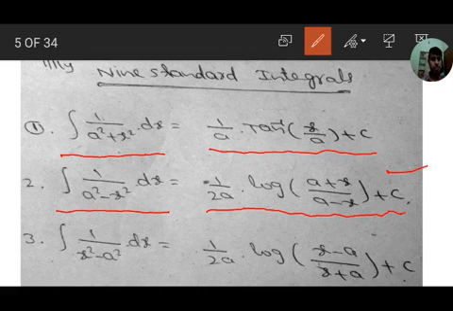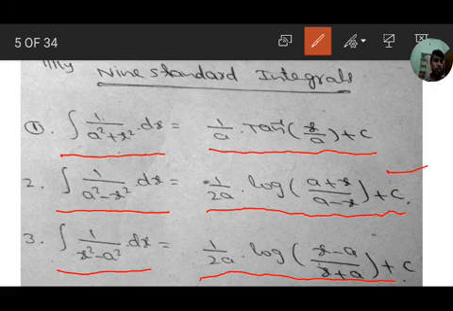And integration 1 by x square minus a square dx equals 1 by 2a log of x minus a by x plus a plus c. The integrand is x square minus a square. Three formulas now.